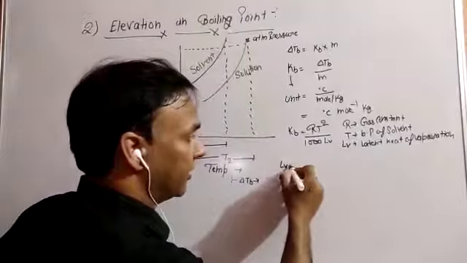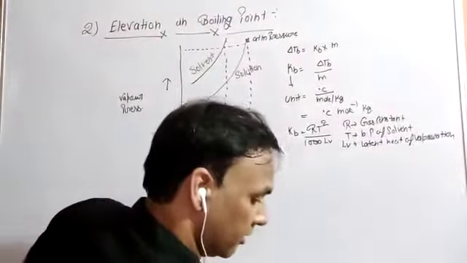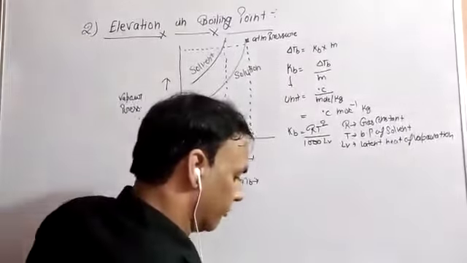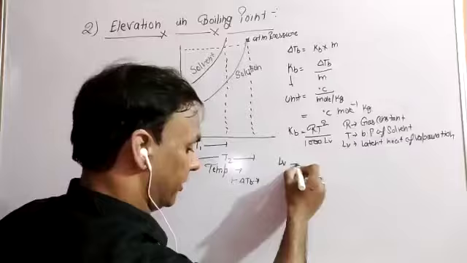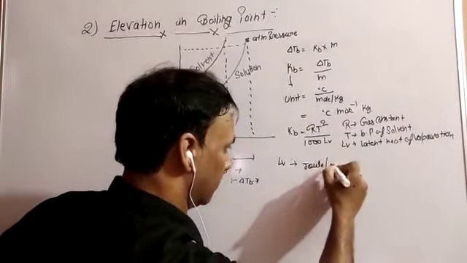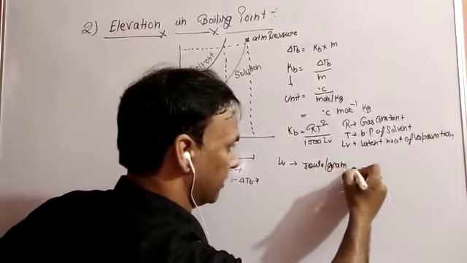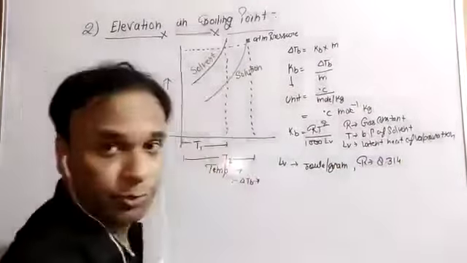When the latent heat of vaporization LV is in joule per gram, then the value of R is 8.314 joule per Kelvin per mole.